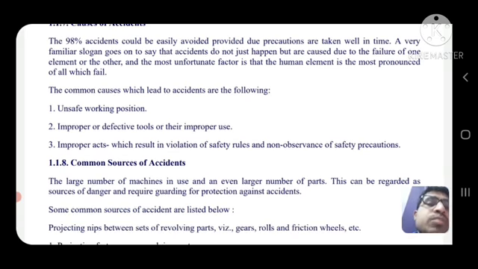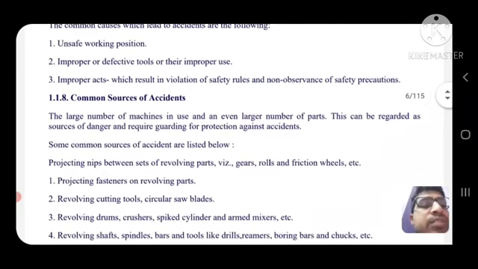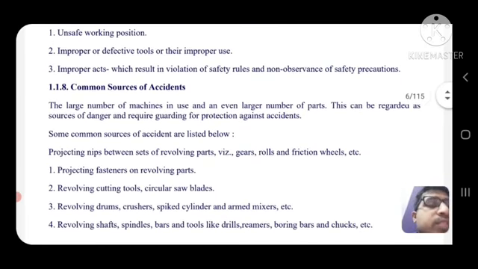The most unfortunate factor is that the human element is the most pronounced of all which fail. The common causes which lead to accidents are the following: unsafe working position, improper or defective tools or their improper use, improper acts which result in the violation of safety rules, and non-observation of safety precautions.